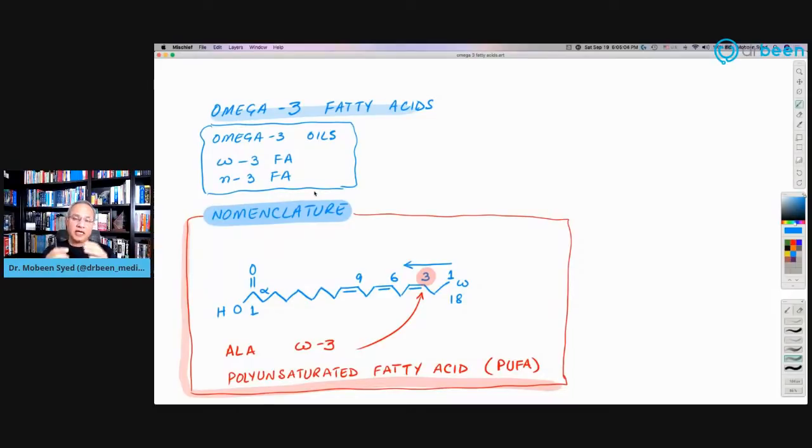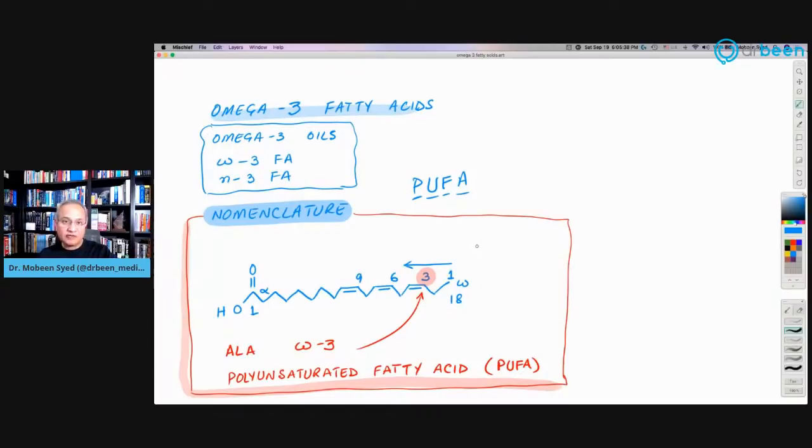For example, in the case of fats, there can be unsaturated fats, and then there can be saturated fats. And within the unsaturated fats, there can be monounsaturated fats or polyunsaturated fats. So we are talking about polyunsaturated fatty acids today, which is called PUFA.